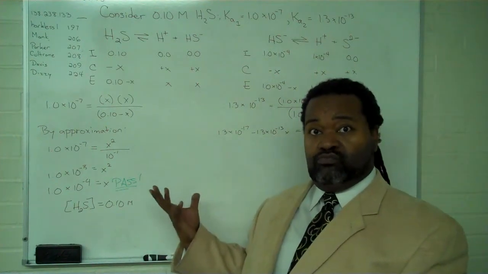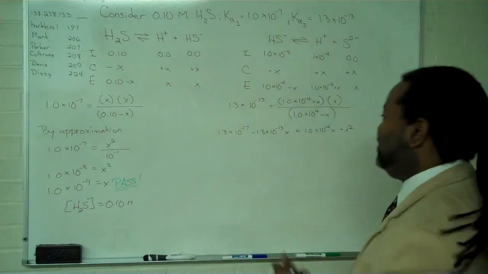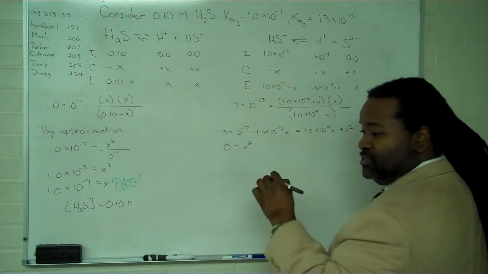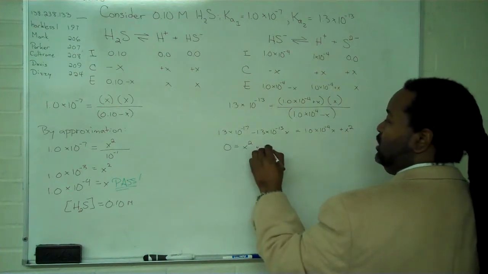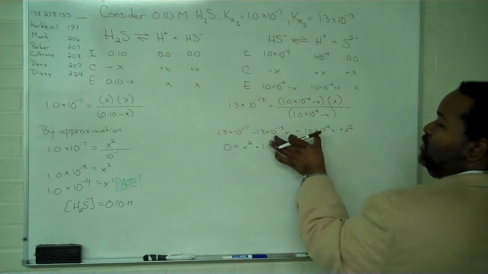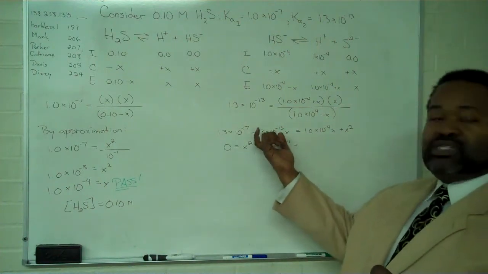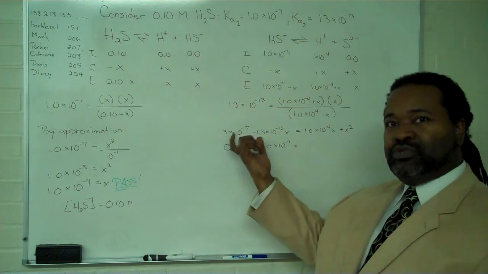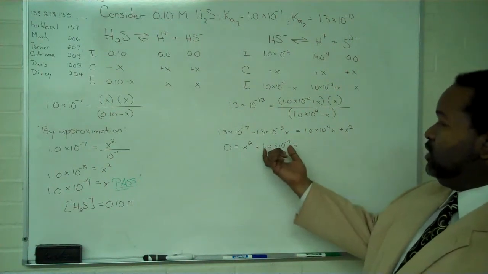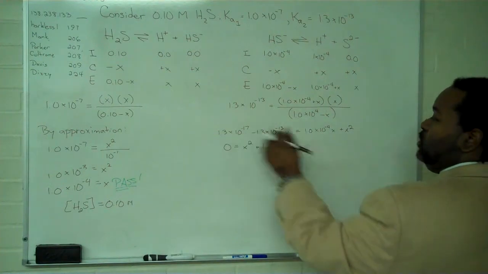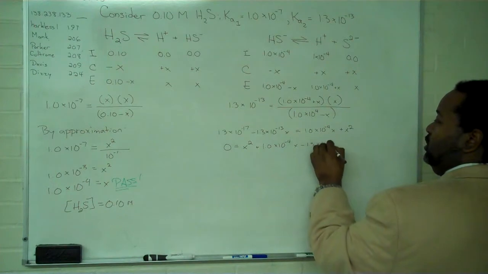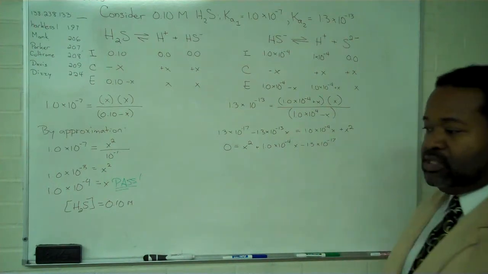So we can rewrite this as a proper quadratic, and we have that 0 equals x squared plus 1 times 10 to the minus 4 x. When we combine these two values, 1.3 times 10 to the minus 13 is extremely small by comparison to 1 times 10 to the negative 4. So our coefficient just remains 1 times 10 to the negative 4. And then our constant term, 1.3 times 10 to the minus 17.